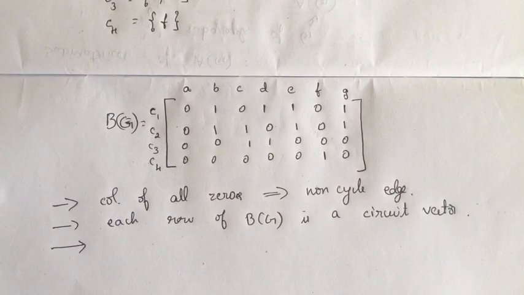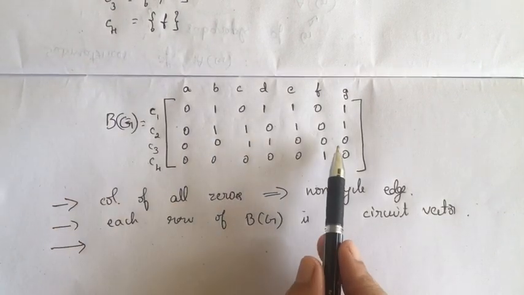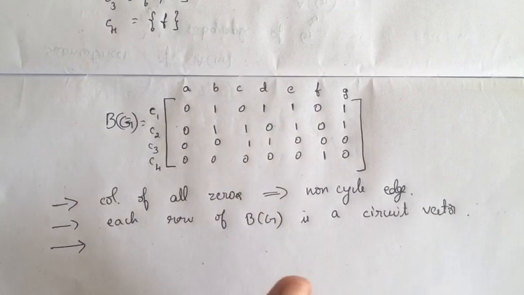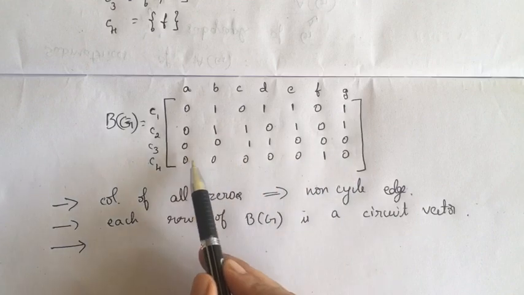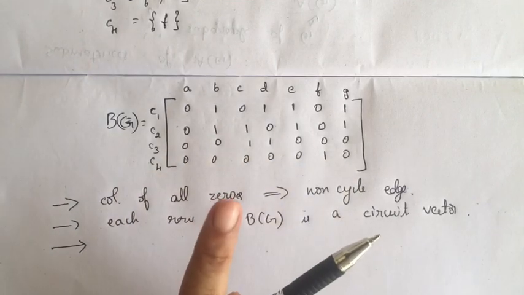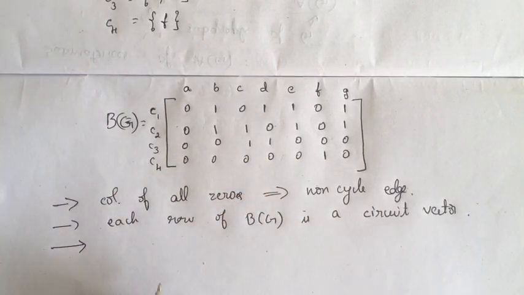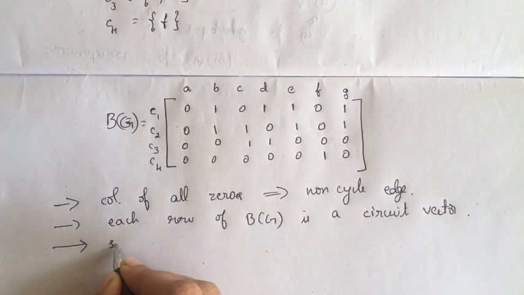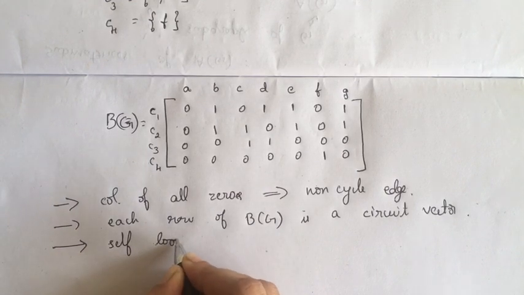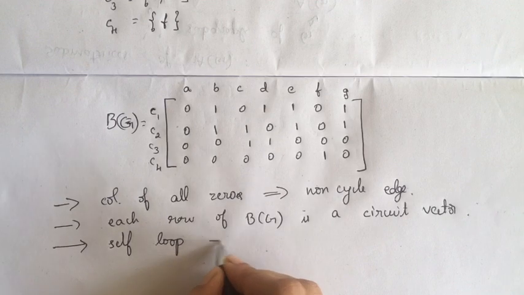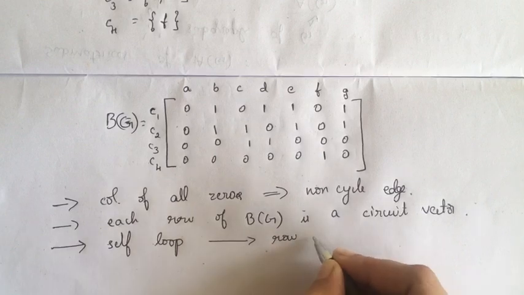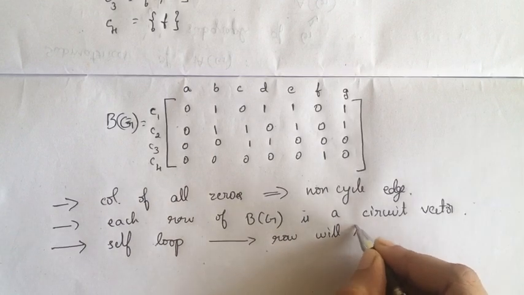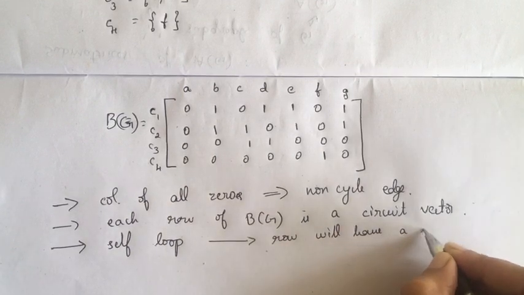In a circuit matrix, the row which corresponds to a self loop will have only one entry, which is 1. So if the graph has a self loop, then the row will have a single 1.